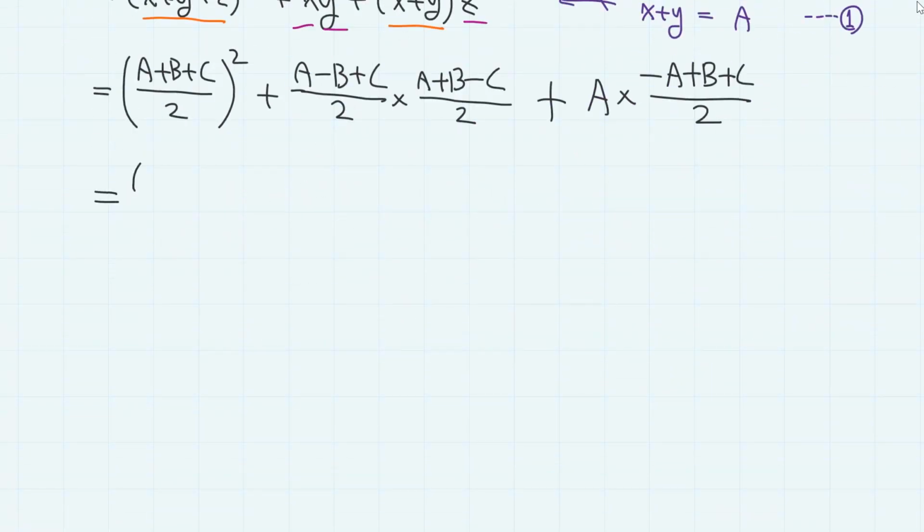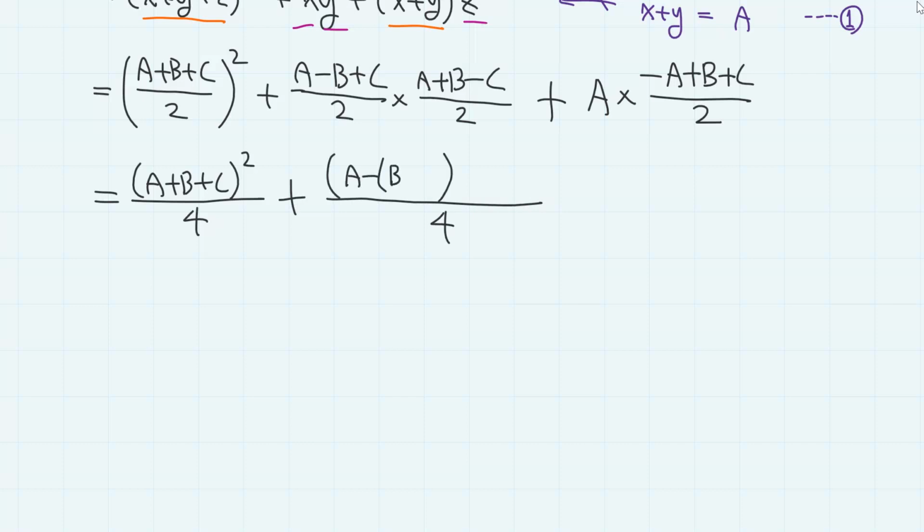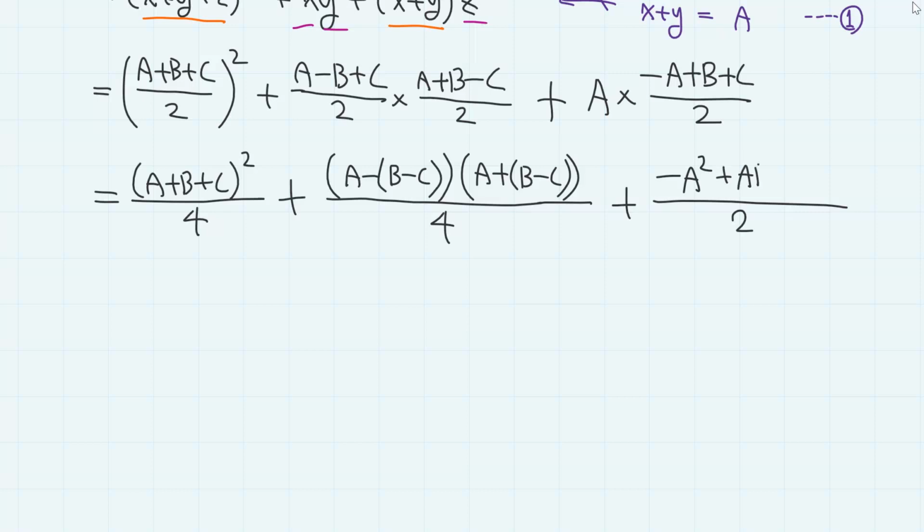So the first term is (a plus b plus c) squared divided by 4, and for the second term, the denominator becomes 4, and let us write the numerator as first (a minus b minus c) times (a plus b minus c). And the last term is, if we use denominator 2, a times (minus a plus b plus c).